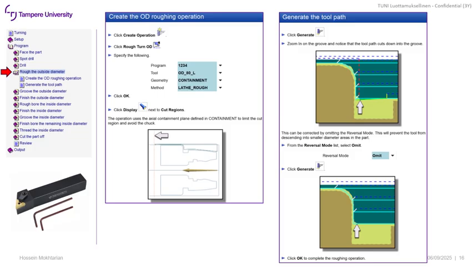All right, so for defining the outside diameter, the first thing that we need to figure out or pay attention to is whether there is a risk that we are colliding with the spindle. And that is why we need to put containment in our geometry vocabulary. The tool that we're going to use, and of course the lathe roughing first, and then we're going to do also a lathe finishing.